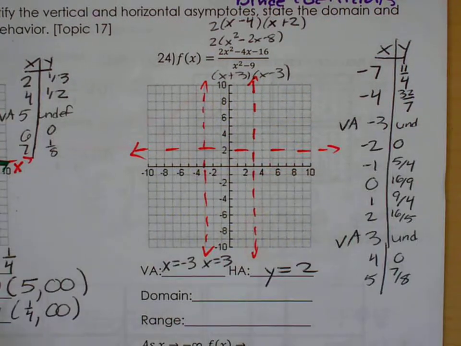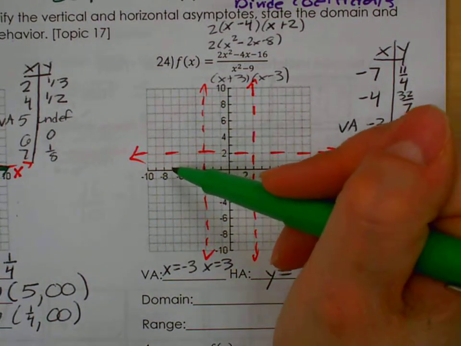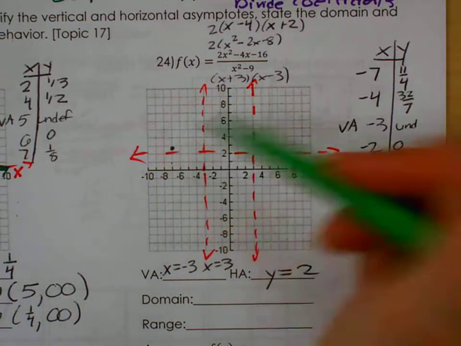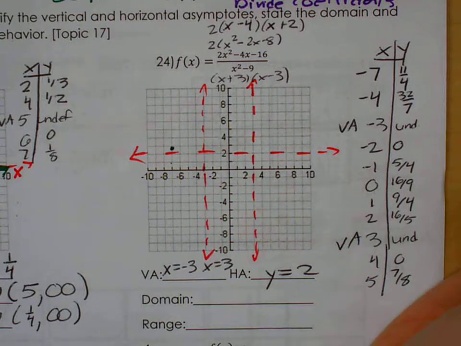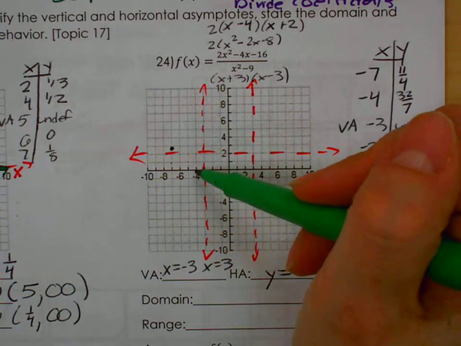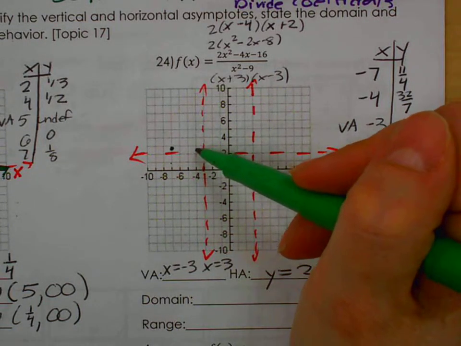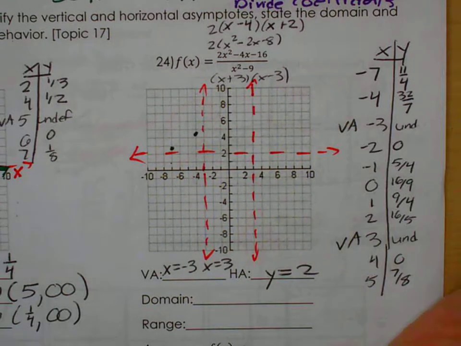All right, so let's start plotting some of these points. So 11/4 is going to be not quite 3, but close to 3. So -7 and 1, 2, almost at 3. 32 over 7 is going to be about 4, a little past 4.5. So -4, 1, 2, 3, 4 and a half.